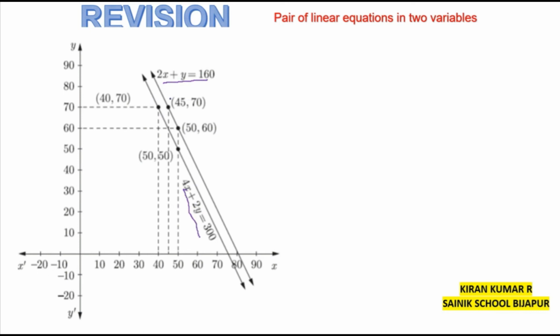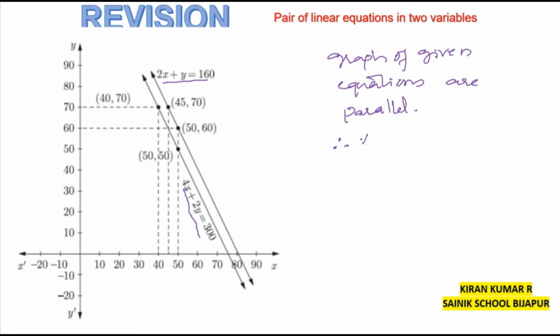The lines run parallel. The graph of the given equations are parallel. Therefore, no solution. Only we can represent the equations, but will not be able to find the value of x and y.